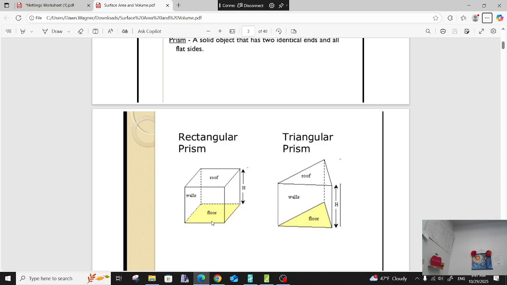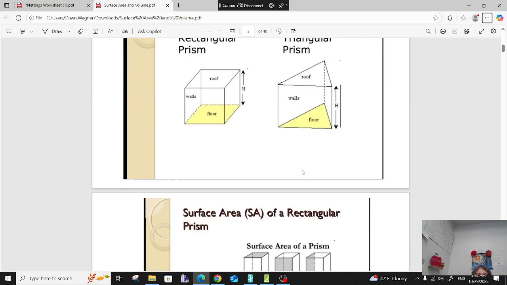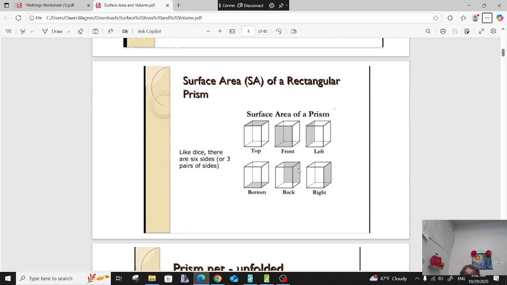The parallel congruent are called your bases when we do volume. We good so far? Am I going too fast? Speed it up. I could go fast. Believe me, I can go fast if you need me to, because I know all this stuff back and forth.